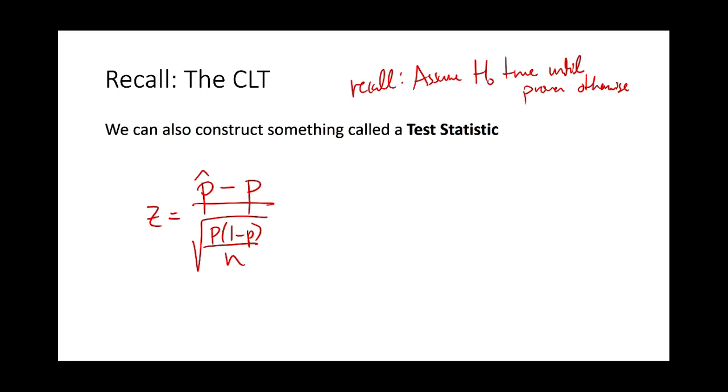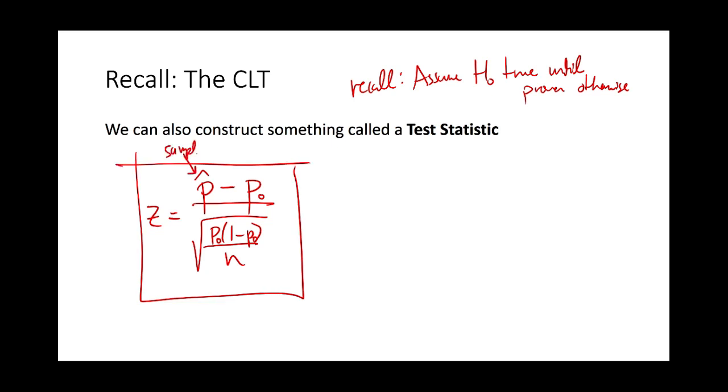And so we can just use their claim as the true proportion for our test statistic. So I put a little p-zeros there because these p-zeros, these are the values that they're claiming is true. Right? And so this is your test statistic. Okay. So the p-hat, that's whatever comes off your sample after you go take your sample. Okay. And all of these p-zeros, so p0 is the claimed proportion.